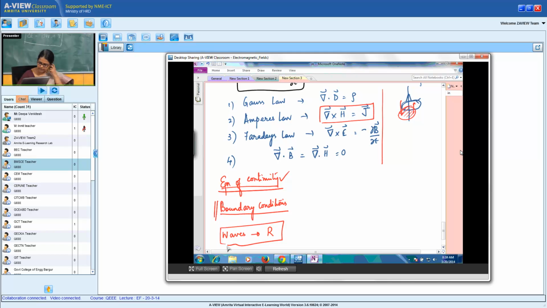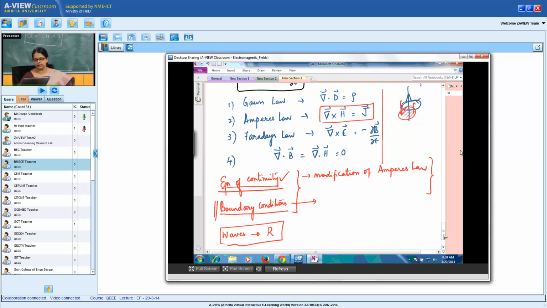As per the QEEE sessions, my session is ending on next Tuesday, so I will do the equation of continuity, the modification of Ampere's law, and boundary conditions in the next class.